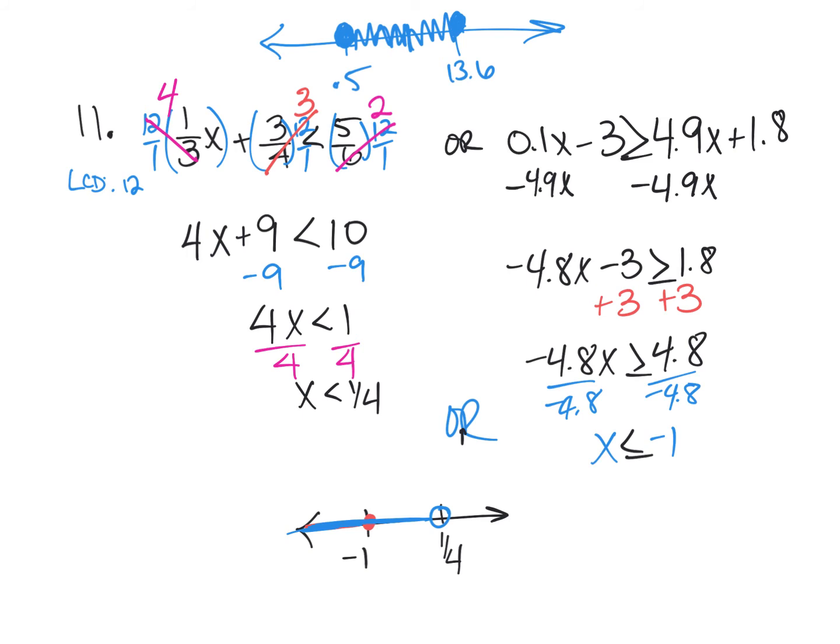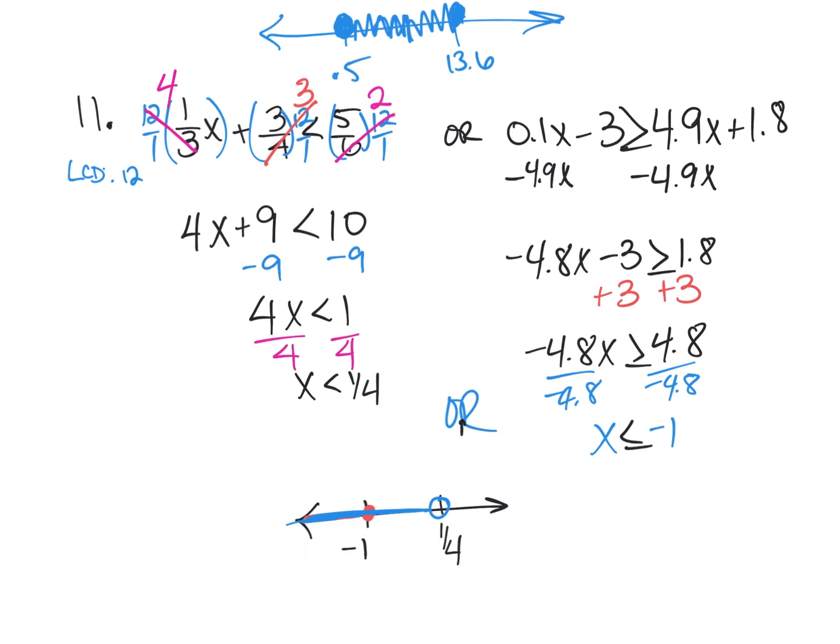Does x is less than negative 1 qualify as less than 1/4? Yeah, so all of the numbers that are less than or equal to negative 1 are also less than 1/4. So we don't need to write them both because the red shading here is all included in the blue shading.